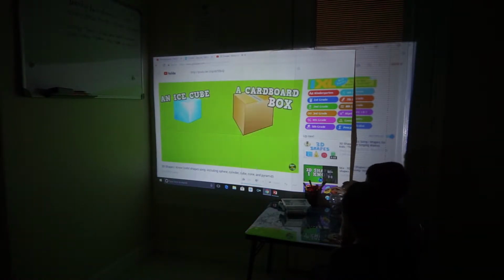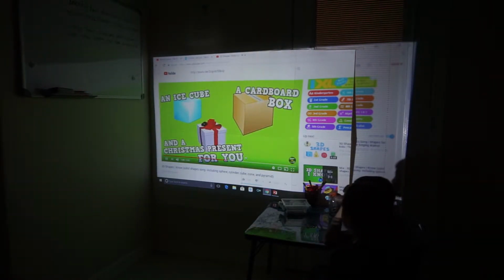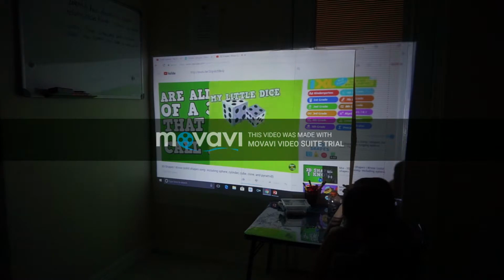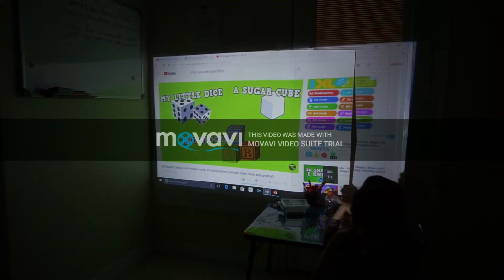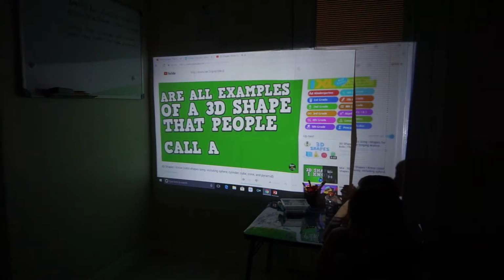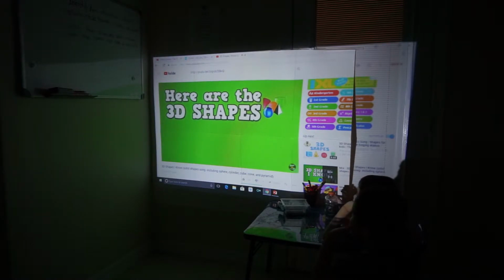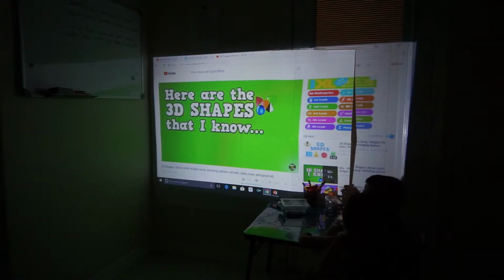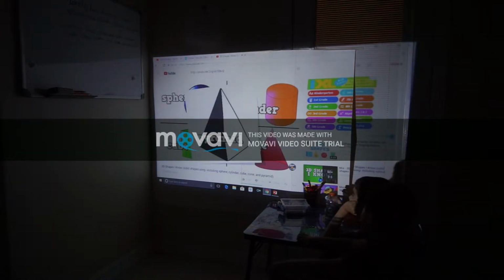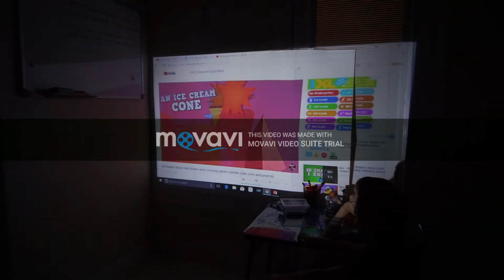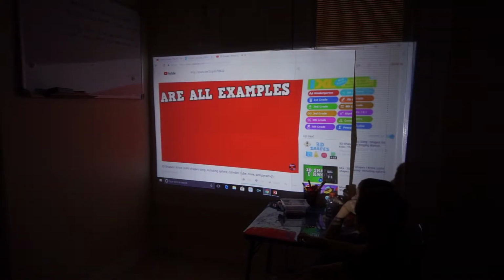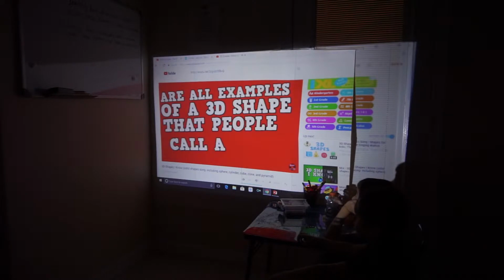An ice cube, a cardboard box, and a Christmas present for you are all examples of a 3D shape that people call a cube. My little dice, a sugar cube, and blocks that I use are all examples of a 3D shape that people call a cube. Here are the 3D shapes that I know. A sphere, a cylinder, a cube, and a cone. An ice cream cone, a pencil tip, and a bag of foam are all examples of a 3D shape that people call a cone.